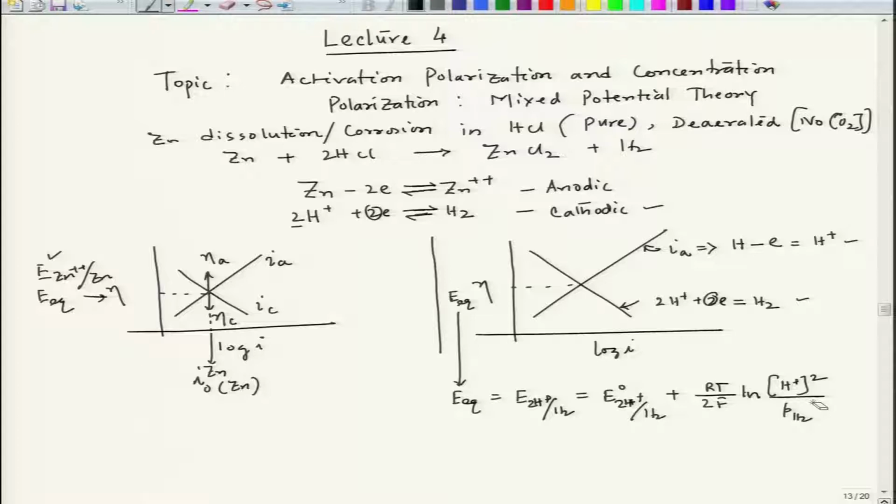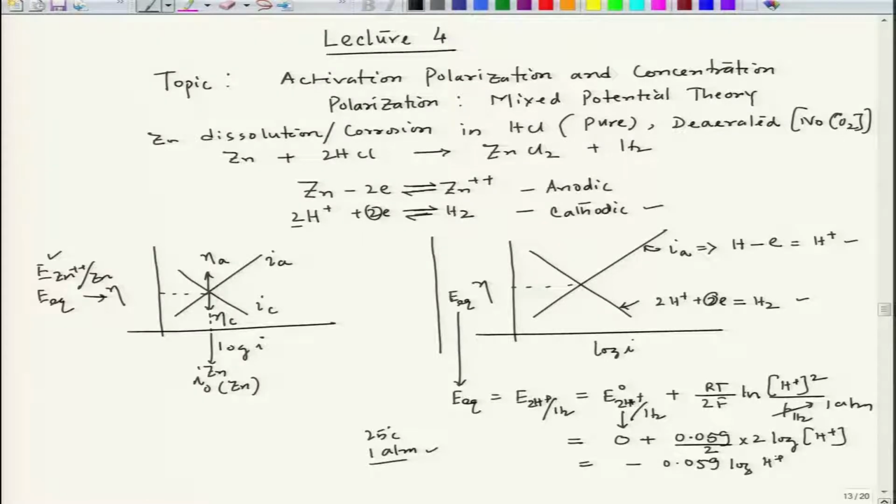If I take 25 degrees Celsius temperature and 1 atmosphere pressure, then E0 is 0 and this becomes 0.059/2 into 2 log H plus, because the pressure is 1 atmosphere, so this becomes minus 0.059 log of H plus, and it can be written as 0.059 pH, since we know pH equals minus log of H plus ion concentration.